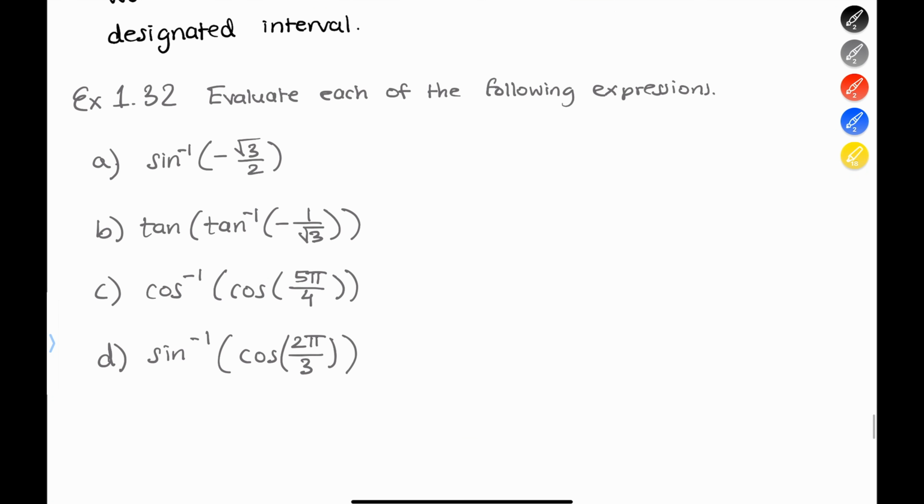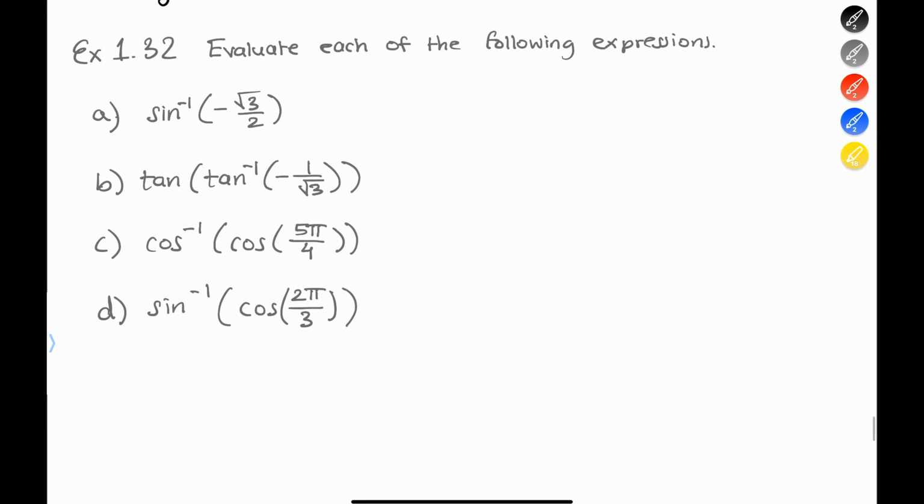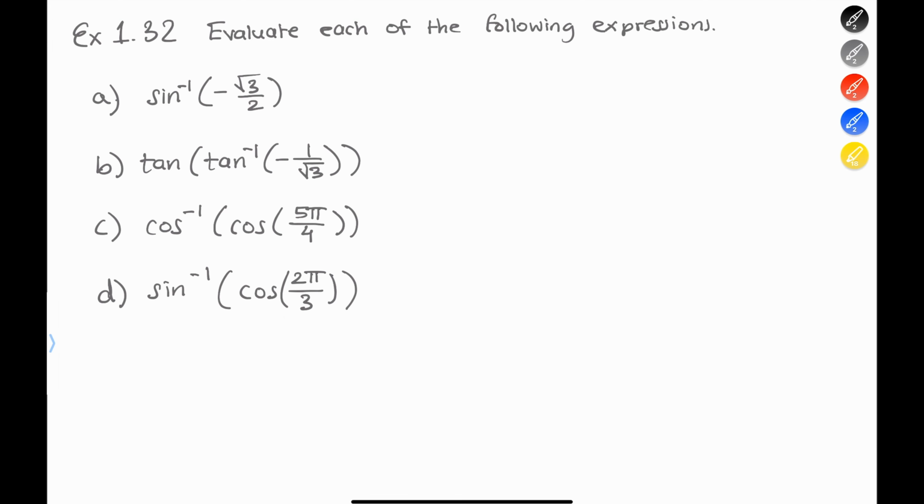So now let's take a look at example 1.32, and it says to evaluate each of the following expressions. So first let's go with A. We know that this is the same exact thing as sine of theta is equal to negative root 3 over 2.